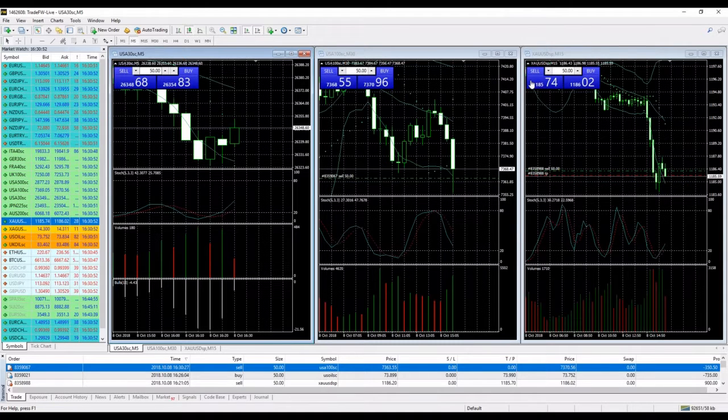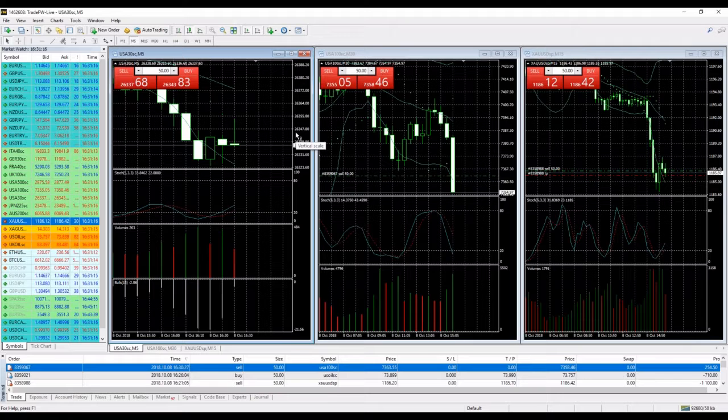On gold, we started to make money. We are up $800. On USA 30, I don't want to make any decision yet. As you can see, there is a very undefined trend. USA 100, we started to make money.